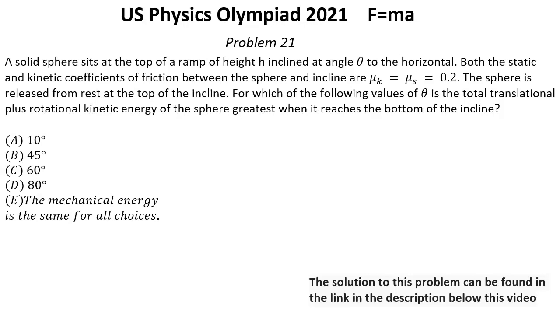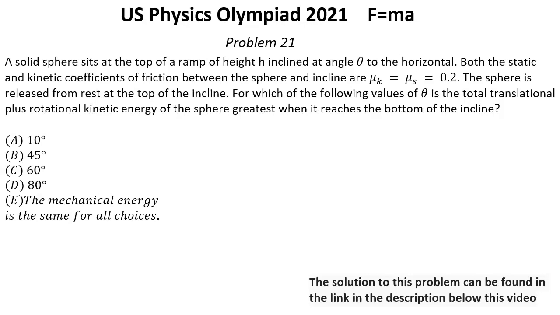The sphere is released from rest at the top of the incline. For which of the following values of theta is the total translational plus rotational kinetic energy of the sphere greatest when it reaches the bottom of the incline? Solution for problem number 21.